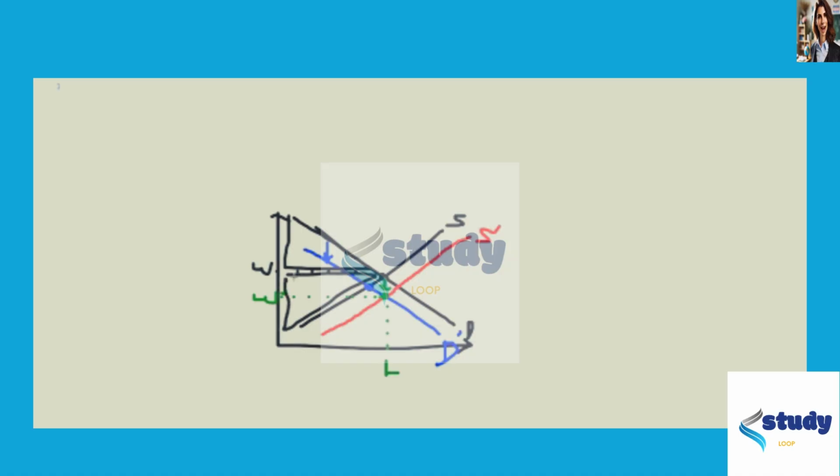Now in the new equilibrium, the firm's surplus is the triangle over here, while the employee surplus is the triangle over here. So we can see that it is just a shift of this triangle, so the area is actually the same.